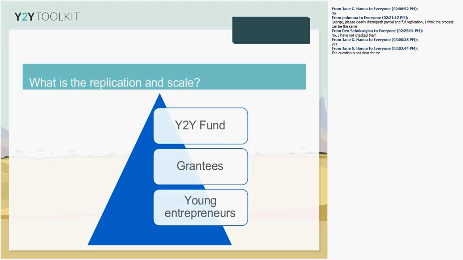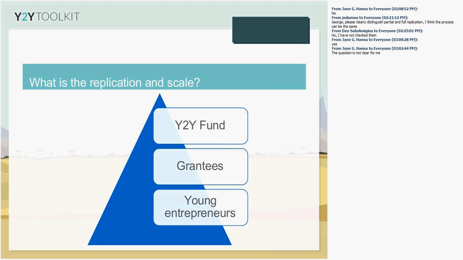These are the kind of projects that were funded by grantees. These are the BDS providers who are not only providing the full package, but even a business idea. Because if you're looking at a necessity entrepreneur, they may not even have a good business idea.